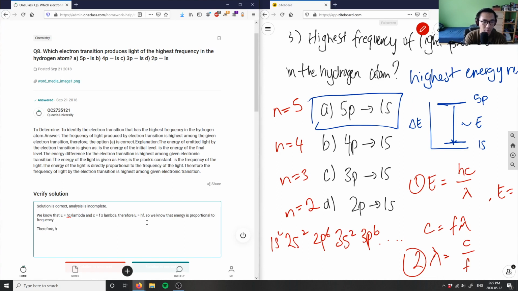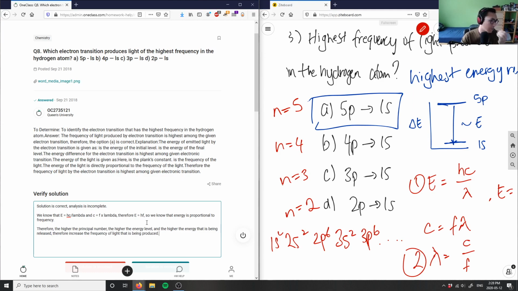Therefore, the higher the energy level, the higher the principal quantum number, the higher the energy that is being released, therefore increasing the frequency of light that is being produced.